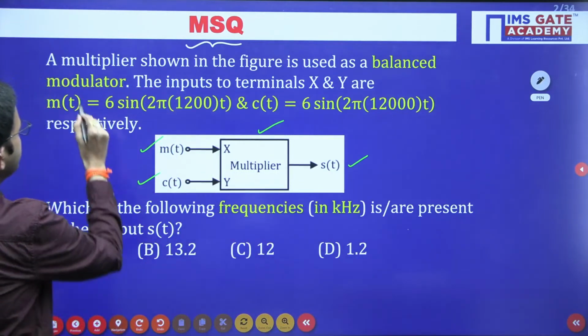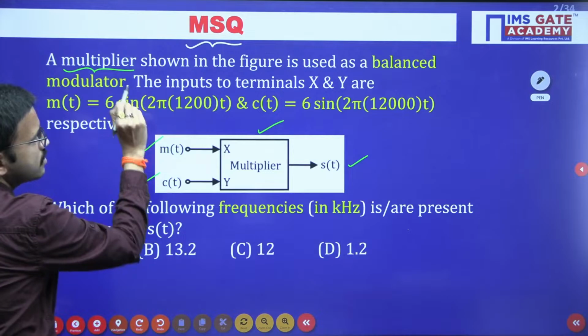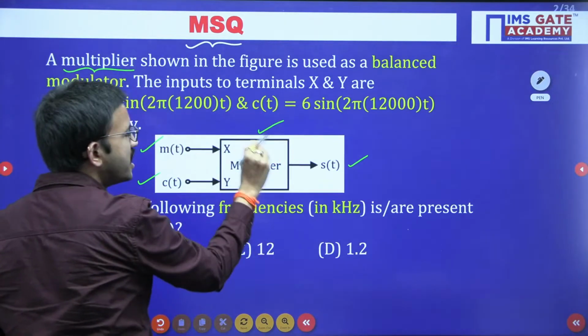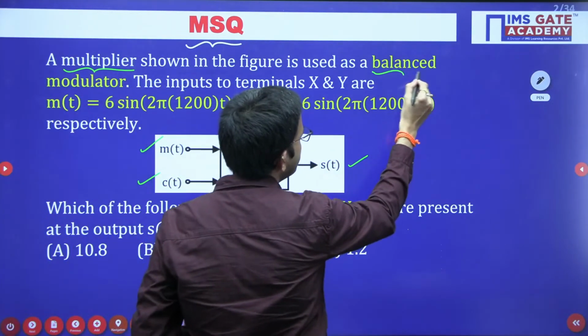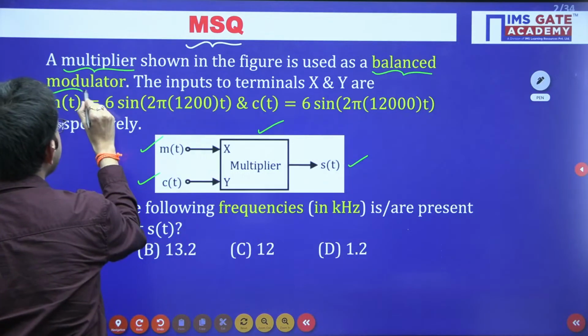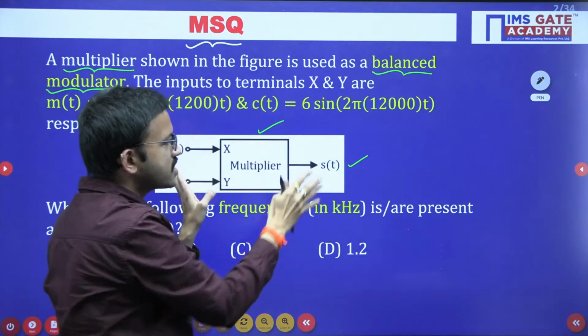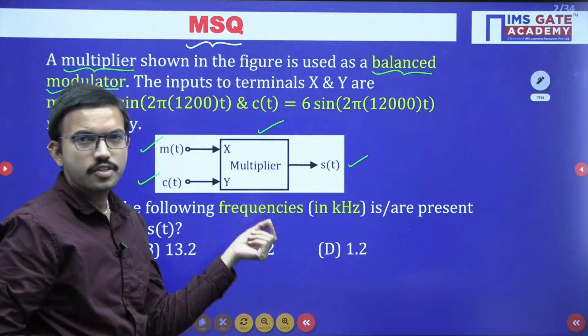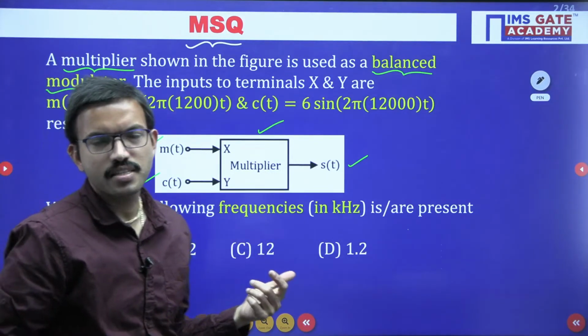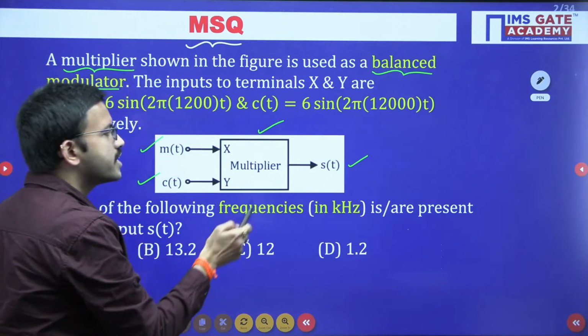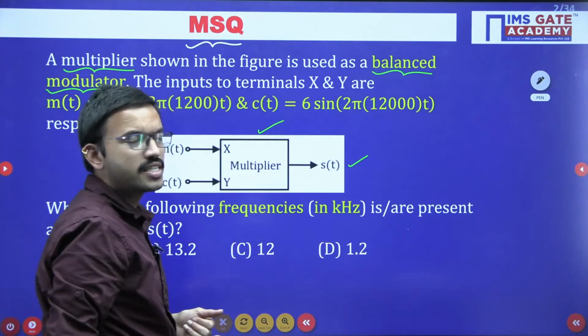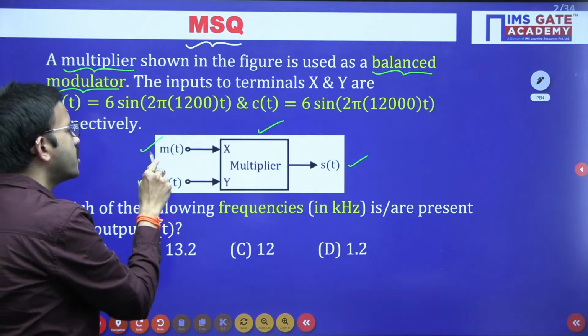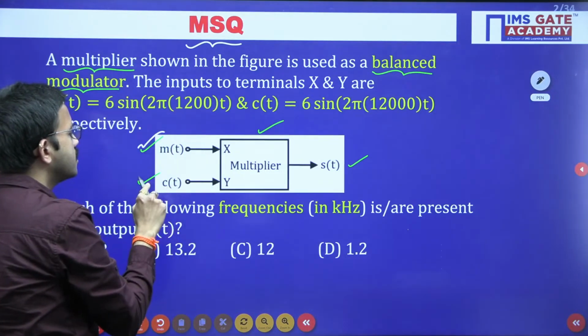Read the question. You have one multiplier, and this multiplier is nothing but a balanced modulator. So here you have a physical circuit, the balanced modulator, which will produce the DSB-SC signal. The standard DSB-SC equation is just the product of the message signal and the carrier signal.